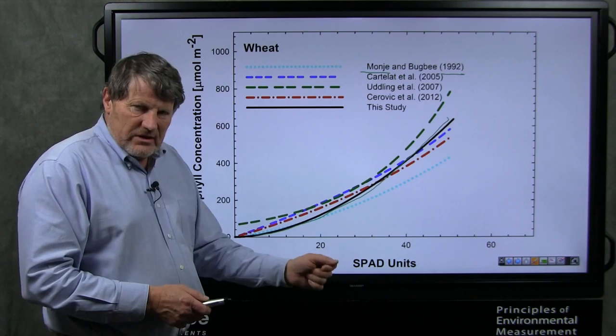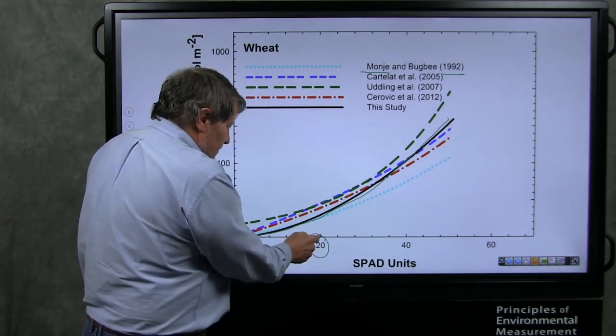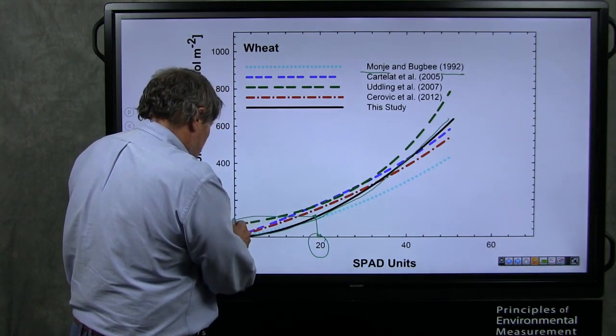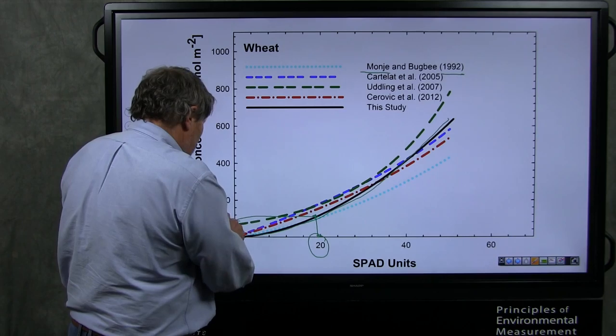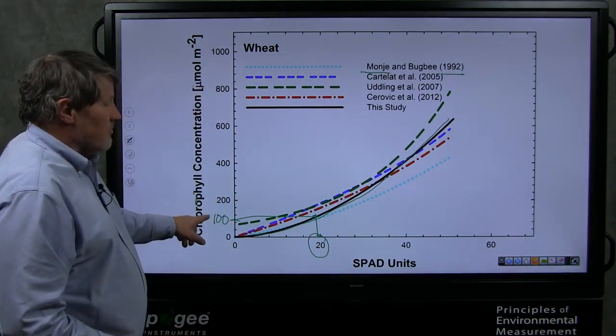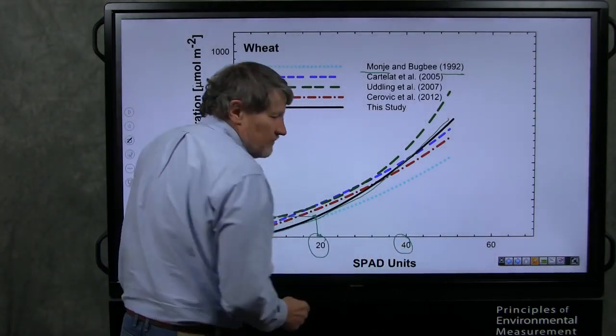Let me make a point here about the problem with older meters. If you clamp on a leaf and you get a reading of 20, you're on this point in the curve, and you have about 100 units of chlorophyll, micromoles of chlorophyll per meter squared. Now you do another leaf, and you get a reading of 40.